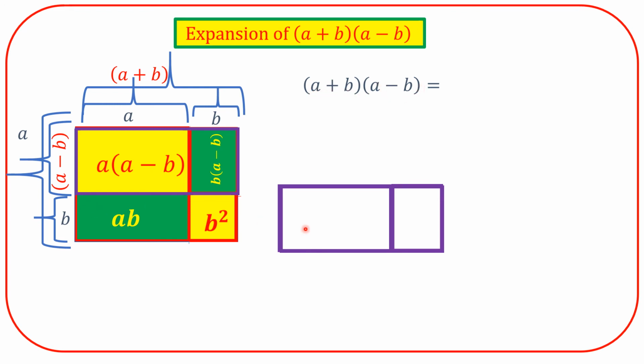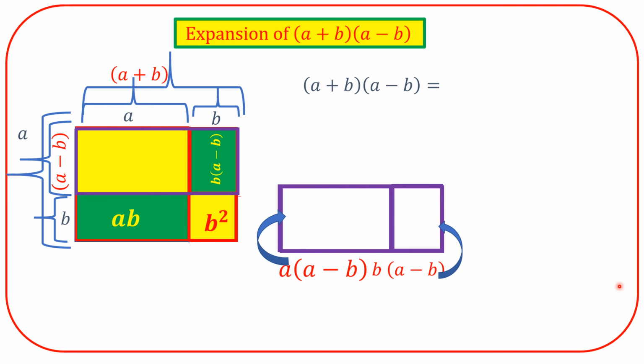Now what is the area of this larger rectangle? That is a into (a - b). And what about this? That is b into (a - b).